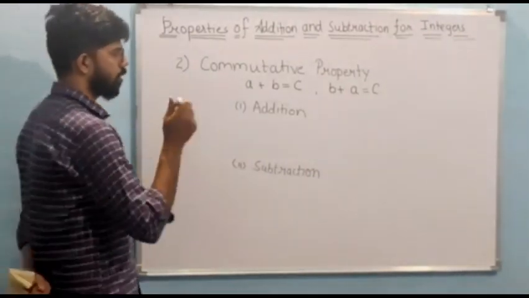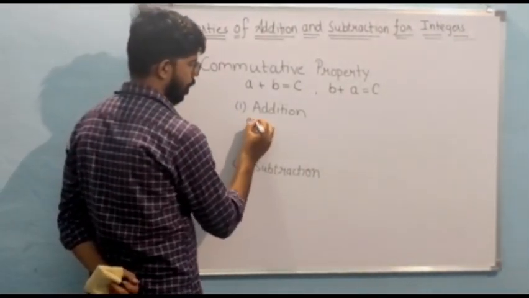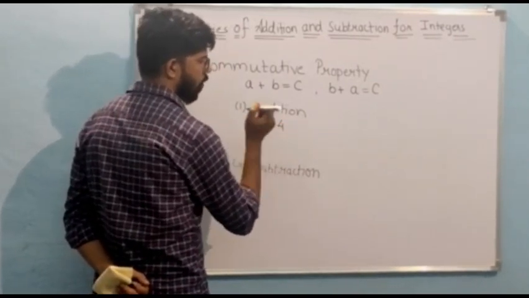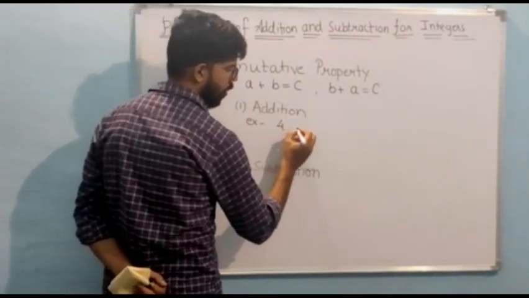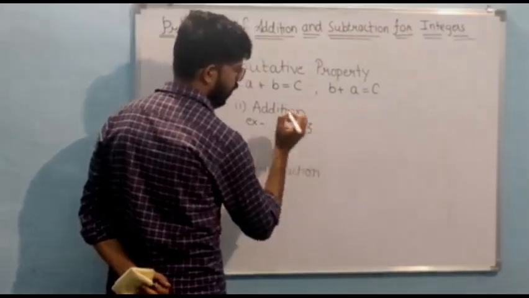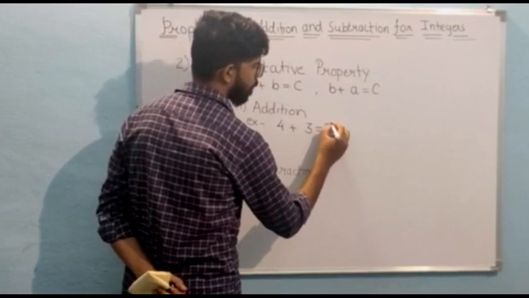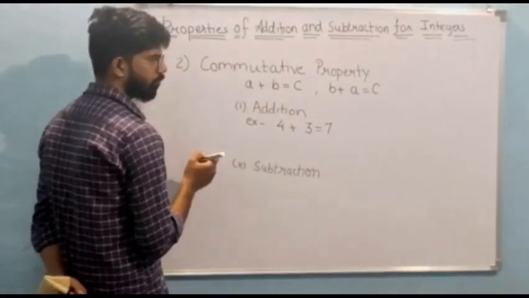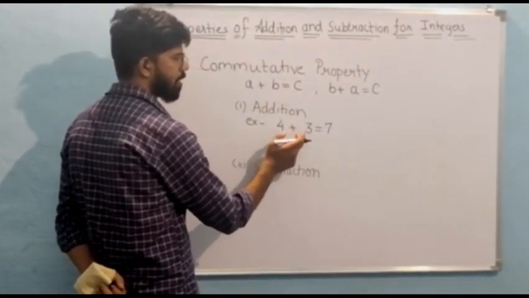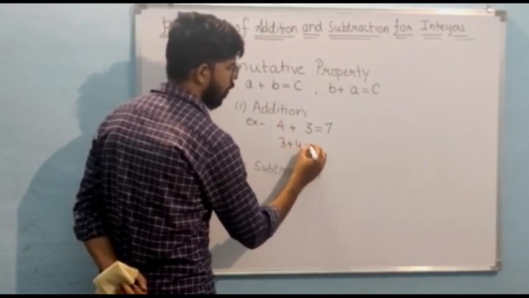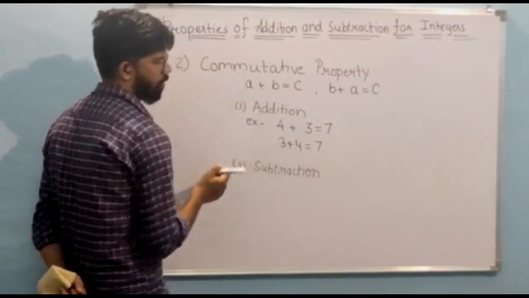Now we have to check whether the commutative property is followed by integers or not. First we take an example. We take two integers, one is 4 and the second is 3. When we add both, what do we get? 7. Now interchange the integers. Now 3 plus 4, what do we get? 7.